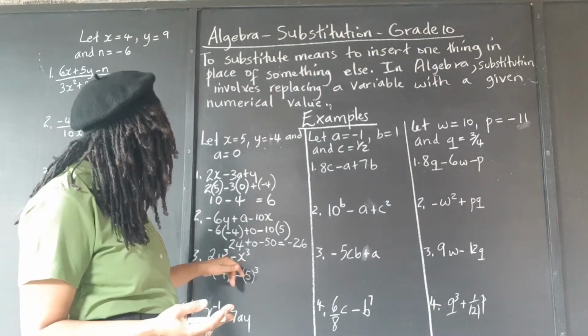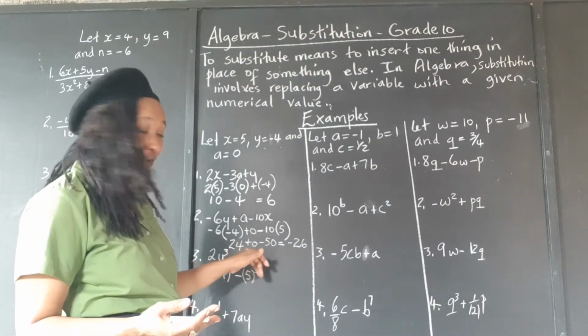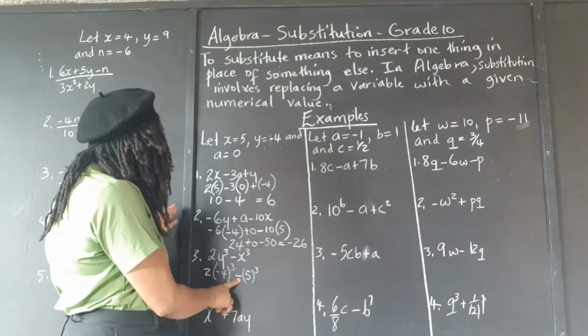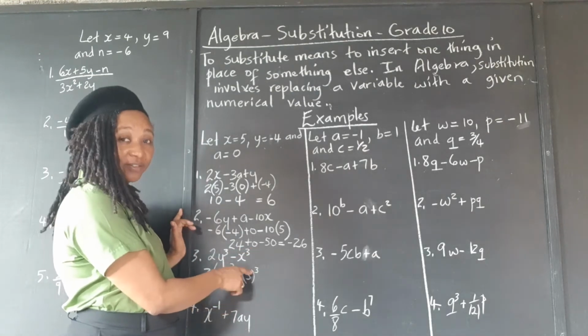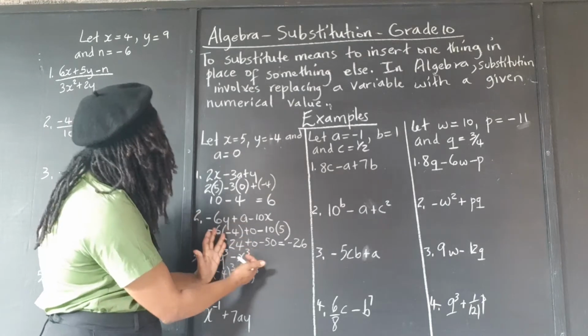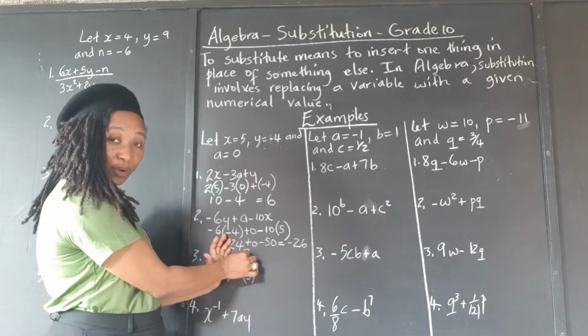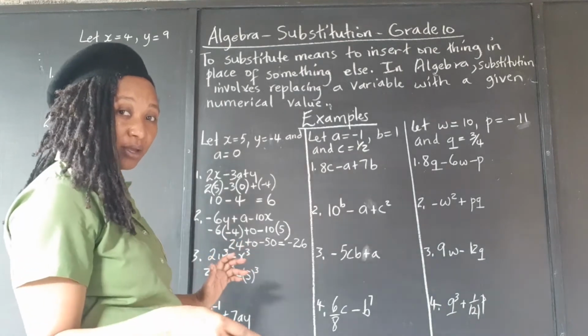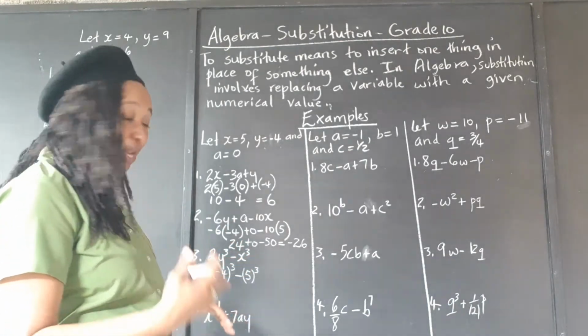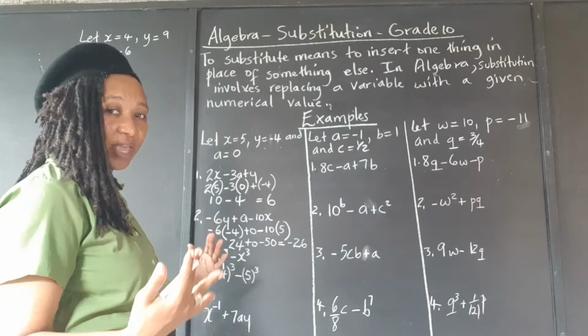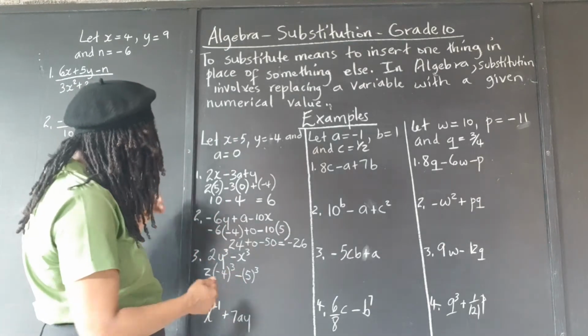We're not raising negative x, we're raising x to the third power. So we put back our minus sign and we're going to raise the 5 to the third power. If the negative x had been bracketed, that would have been different, right? Then we would raise the whole thing, the whole negative 5 to the third power.